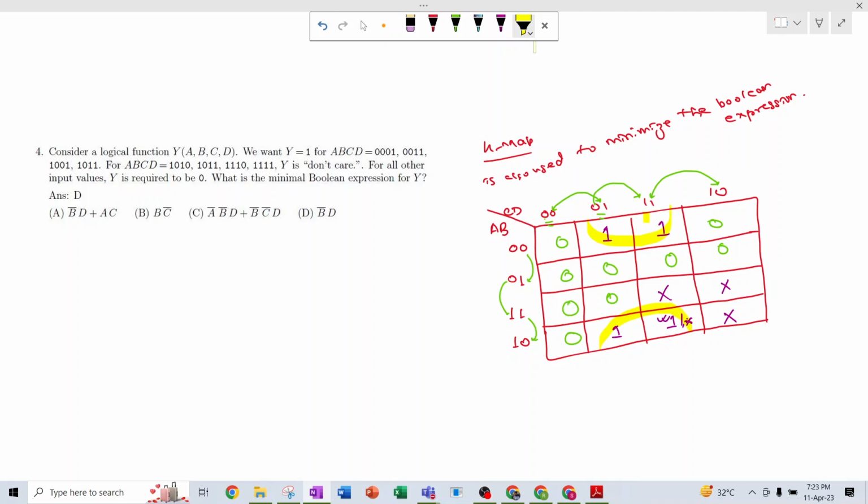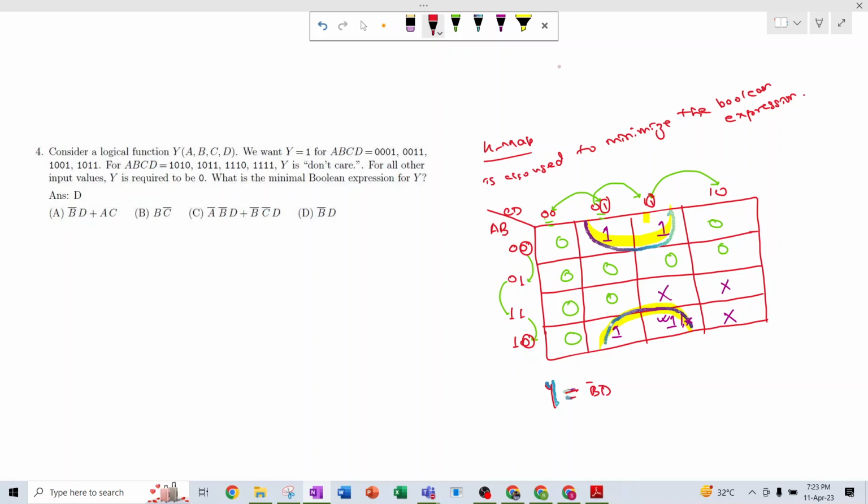Now in these groups of 4, if we consider this part, that is 1 1, this part and this part, what we get, y is nothing but, here it will be 1 0, this is 0 0, that means b is the only constant, that is b bar, and then d is also the same thing, this is d, and this is the b bar. So b bar d, this thing.